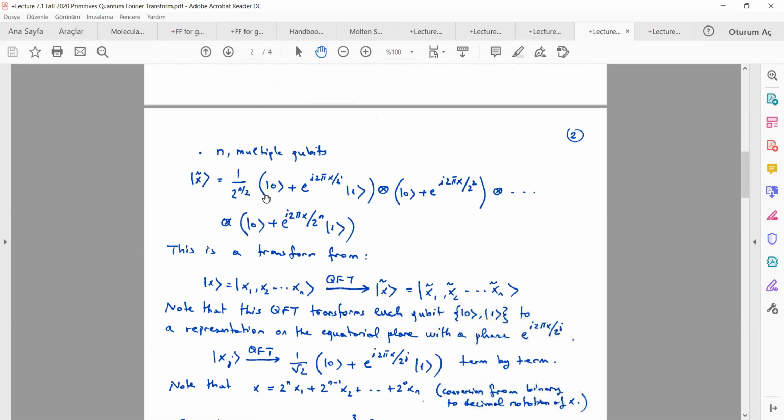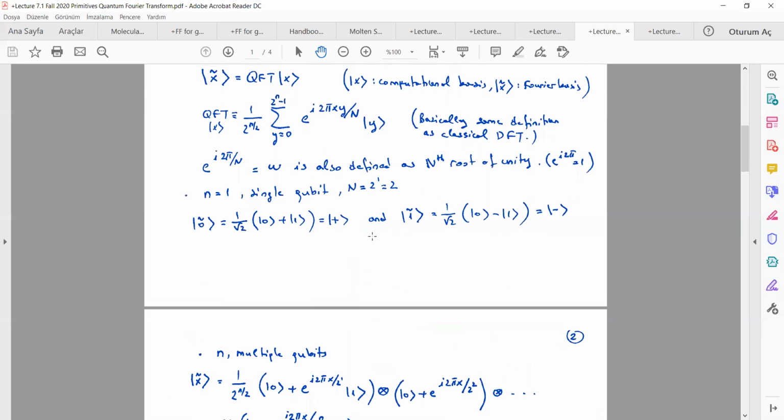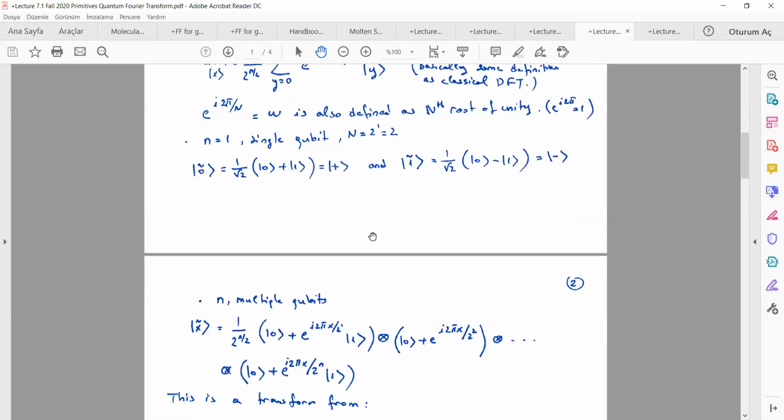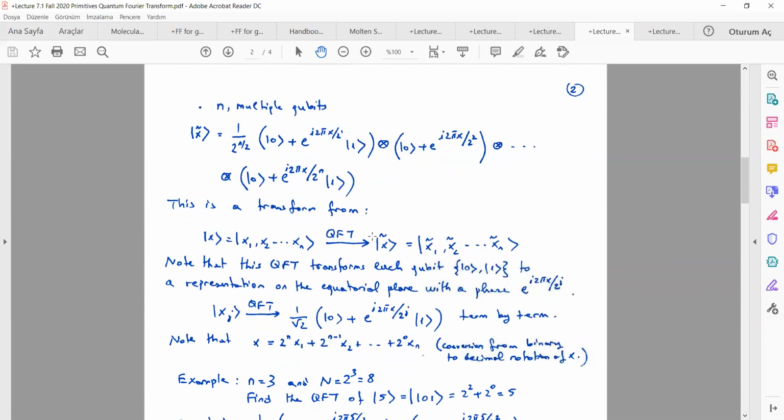So this is ket 0 plus e to the i 2 pi x over 2 to the first power ket 1, tensored with ket 0 plus e to the i 2 pi x over 2 to the second power ket 1, tensored up to the nth qubit, ket 0 plus e to the i 2 pi x over 2 to the n ket 1. So if you expand this out, this is what you get.